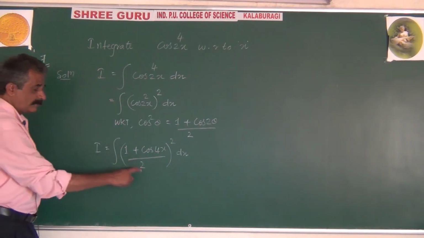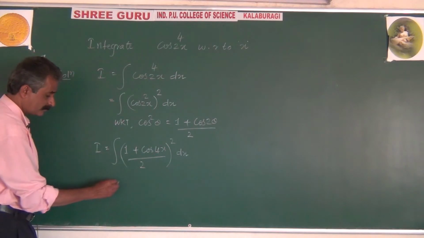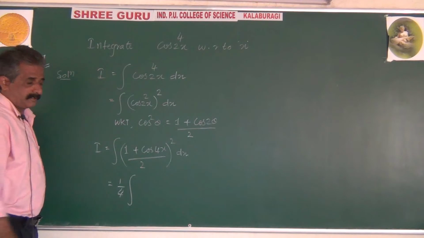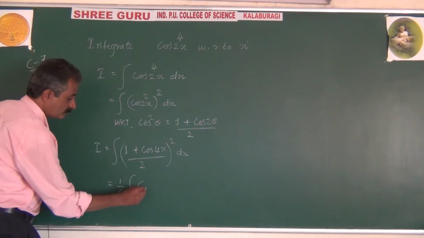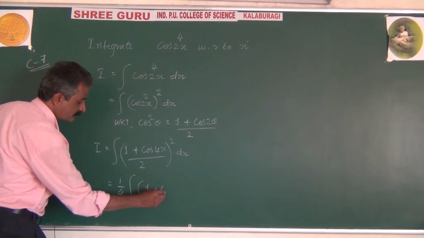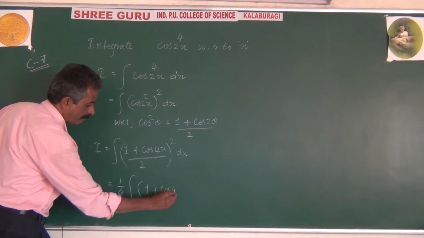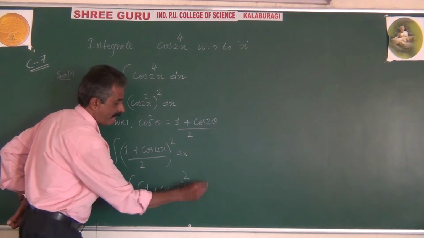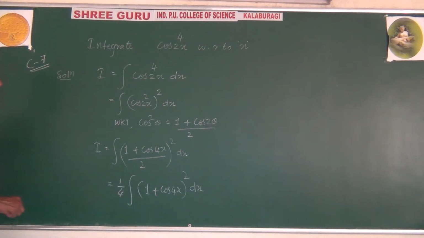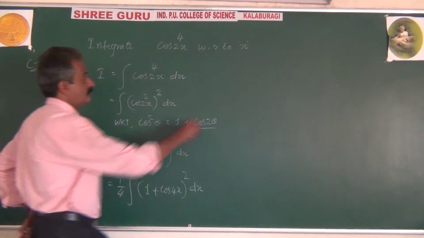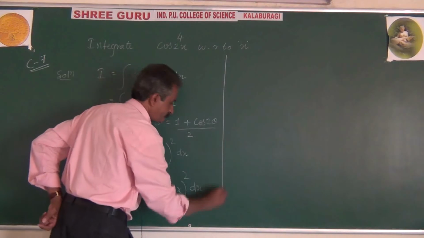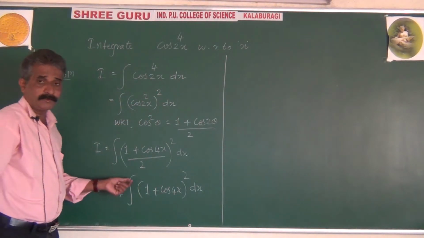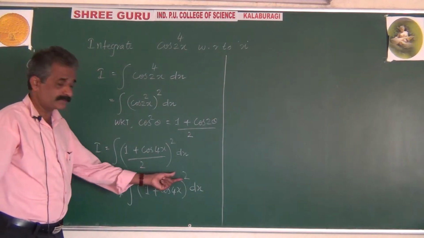Now 1 by 2 whole square will be 1 by 4. It is outside the integration. And after that what is left is 1 plus cos 4x whole square. Still we are unable to break the integration because of this square.